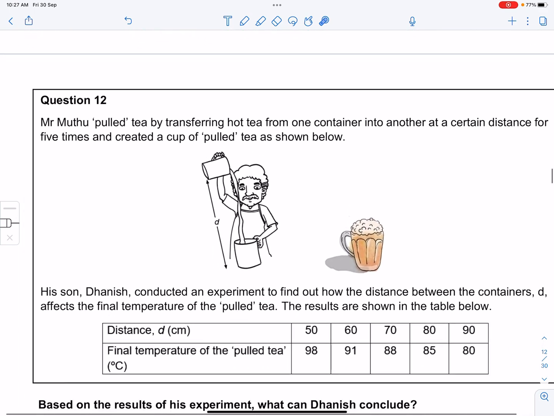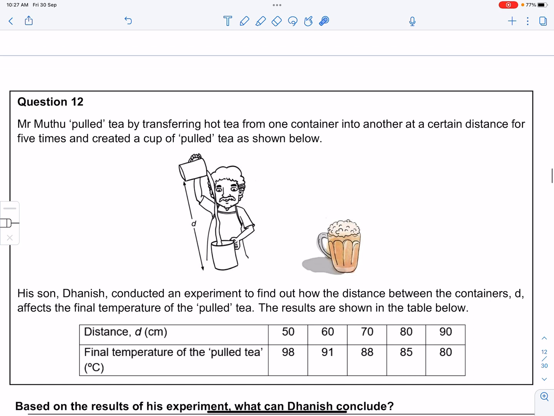Alright? Now, his son Danish conducted an experiment to find out the distance between the containers and how it affects the final temperature of the pulled tea. So, remembering what we learned, cause and effect, this is actually your CV and this will be your MV, measured variable.